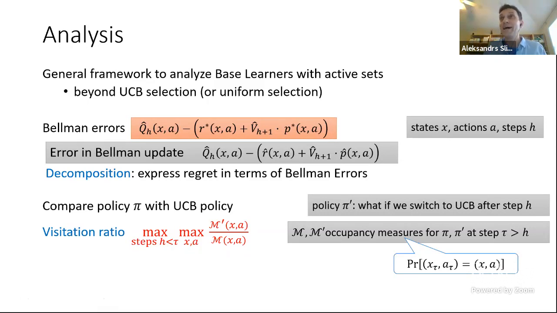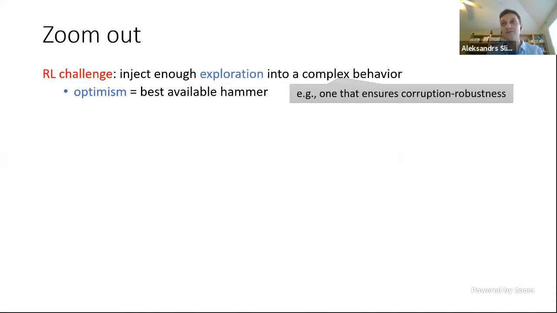Anyway, that's all I want to say about analysis, and Artiodoros is going to give more details in the longer talk. I do want to take a step back and point out that there is something going on which is perhaps more general than corruption robustness.